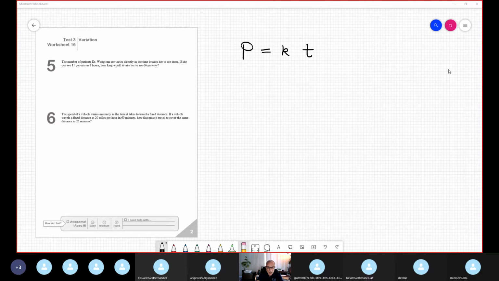So how do you translate this into an equation? Patients is P. I put capital P because I consider it important. The word varies directly means P equals a constant, K, multiplied by the time, T. If she can see 11 patients, P is equal to 11, in 3 hours, so T equals 3 hours.